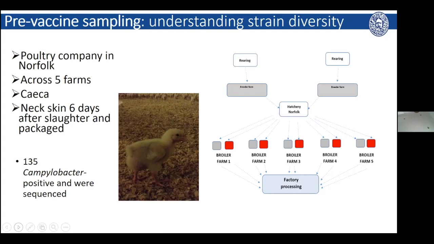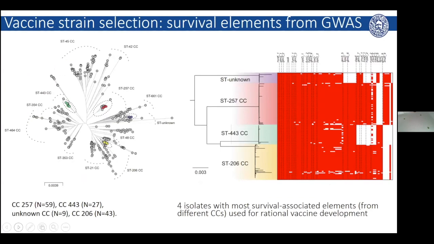At the end of the sampling stage, we found 135 different strains of Campylobacter. We sequenced these, and in the tree on the left, I compared them to lots of different common chicken-associated clonal complexes, and we found 4 distinct clonal complexes.